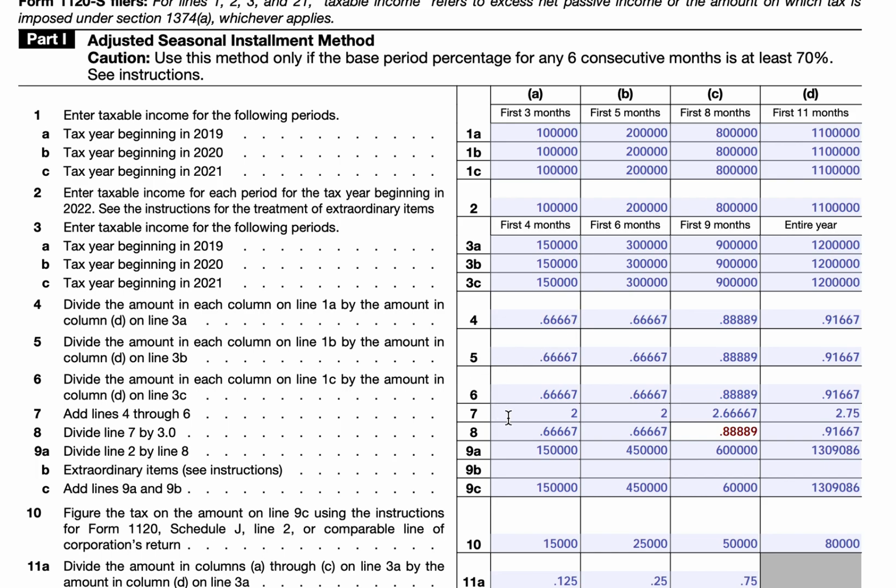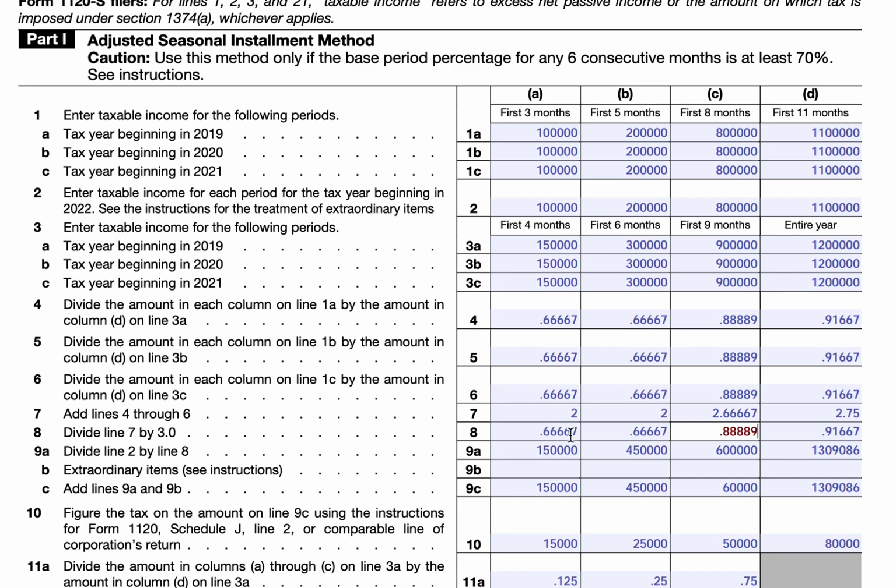Okay, so all to say that when we average everything out, the same averages here are going to be reflected here, and then we're going to divide line 2 by line 8. So line 2 is the $100,000.